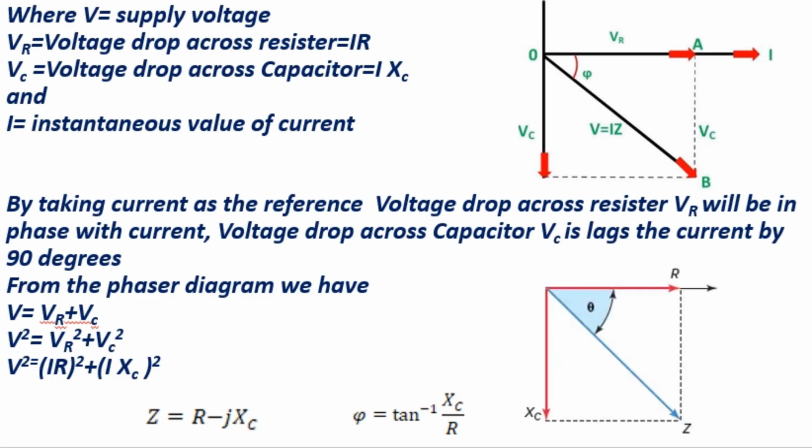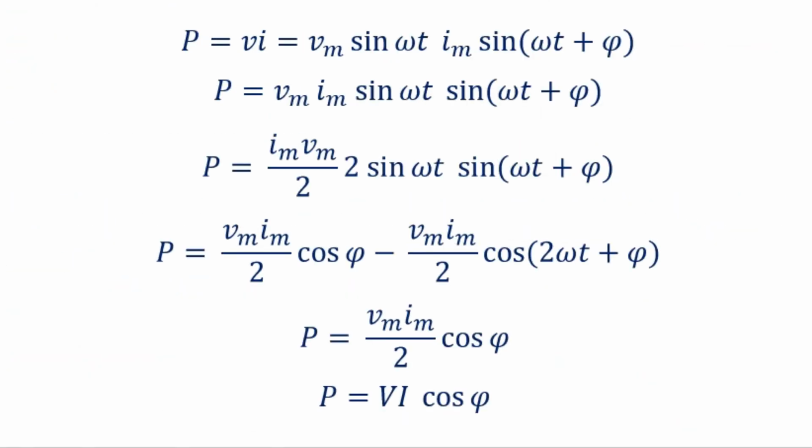Now to find the power relationship, power P equals vi, where v is Vm sin omega t and i is Im sin omega t plus phi. Since it is a capacitor, the current leads by an angle of phi. Then the product vi is P equals Vm into Im into sin omega t into sin omega t plus phi. Now we can divide by 2 and multiply by 2.